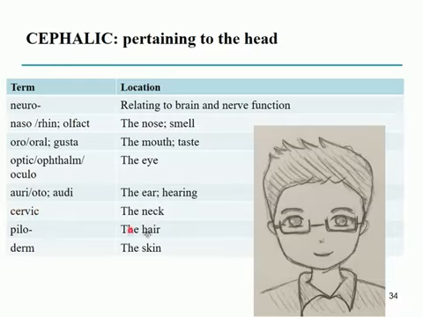So cervic is the neck, and one other use of cervic apart from this part of you, so cervical vertebrae would be the vertebrae in your neck, but the womb has a neck-like opening, and it's called the cervix because of cervic. Pilo is hair, and while there's skin not just on your face, there's skin all over your body, but I just thought I'd mention skin here. It's derm, and if someone has a hypodermic needle, it's a needle inserted beneath the skin.